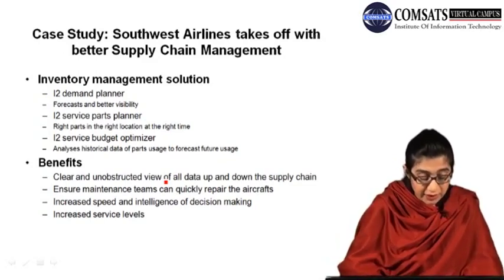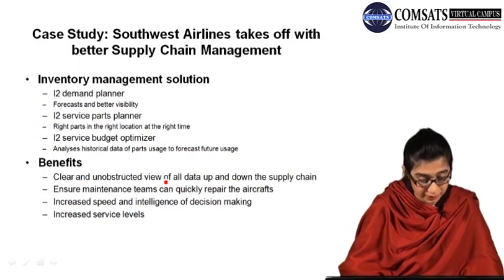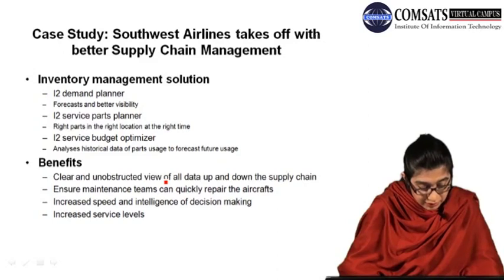That now the company has a clear and unobstructed view of all the data up and down the company's supply chain. And by using what-if analysis, planners can quantify the cost to the company of operating at different levels of service. Then again, that inventory manager said that i2 will help us lower inventory costs and keep our cost per air seat mile down to the lowest in the industry.